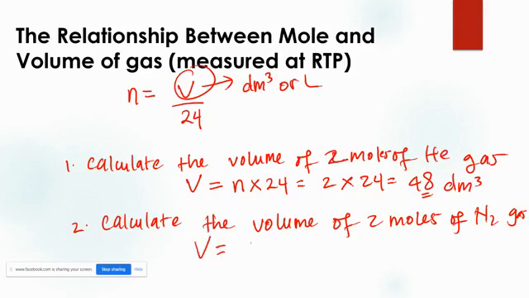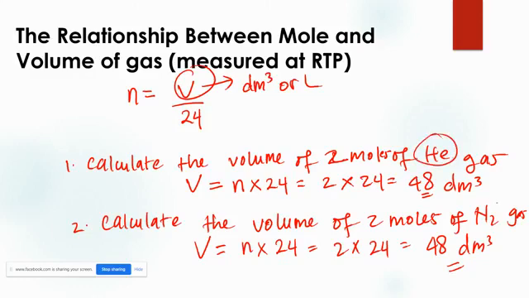Volume equals to number of moles times 24. So 2 times 24 is 48 cubic decimeters or 48 liters. From the example, we can conclude that the volume of gas doesn't depend on the type of gas. As long as they have the same number of moles, the volume will be the same.